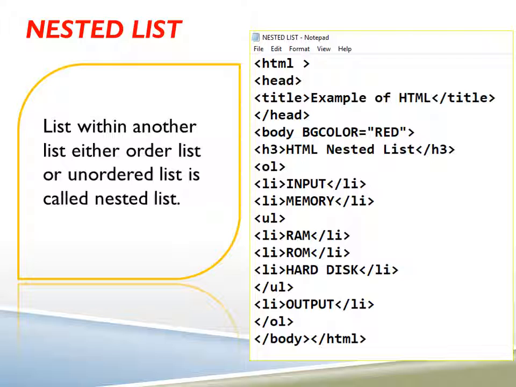After that, one more element is written for the outer list. LI output, LI close, then OL tag close for the outer list, then the body tag close, and finally HTML close. You will save this file with .html extension, and after that you will check the output.